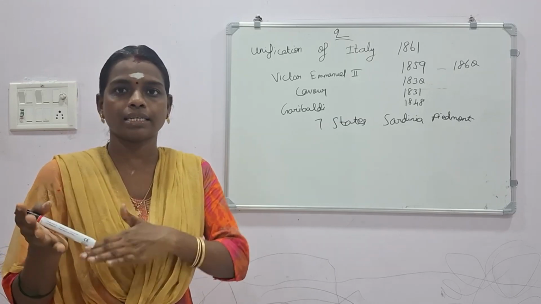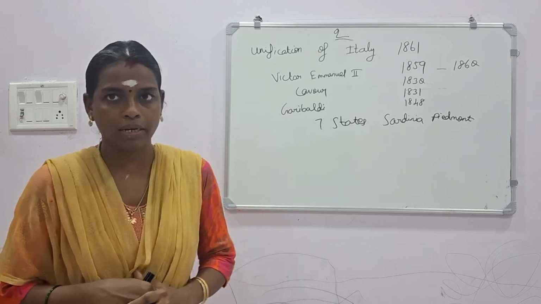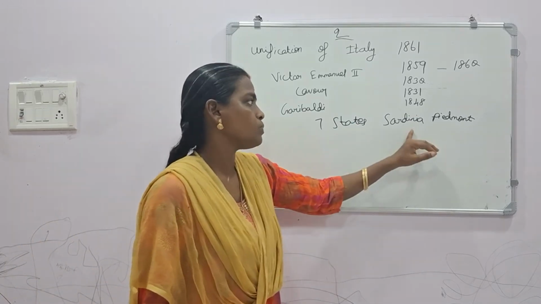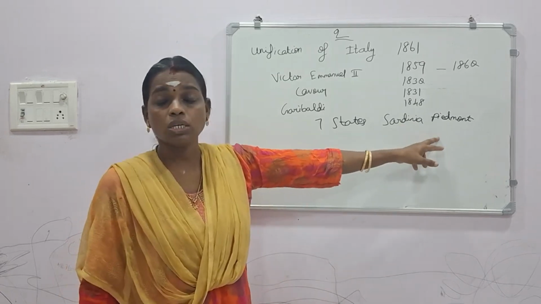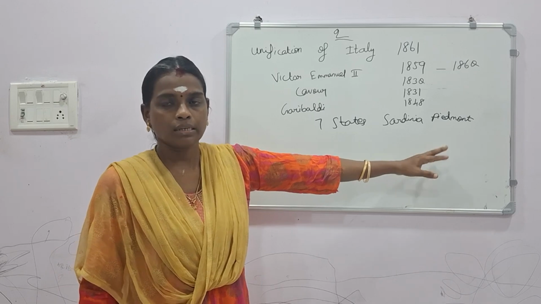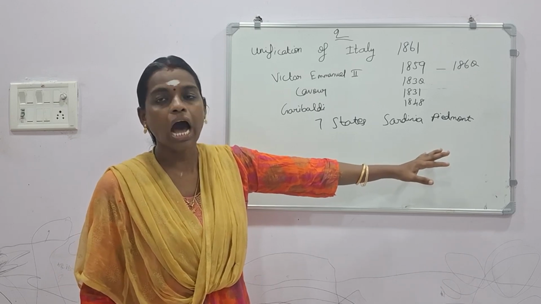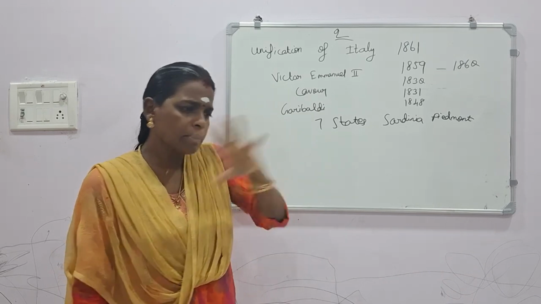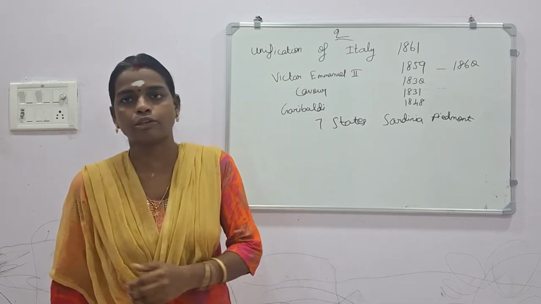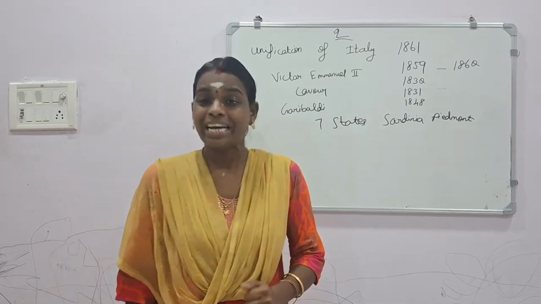The remaining 6 were under the control of other European governments. Like Sardinia Piedmont. Sardinia Piedmont was one of the states which was under the control of the Italian princely house, and the remaining states were under the control of different kinds of people or different kinds of regime.